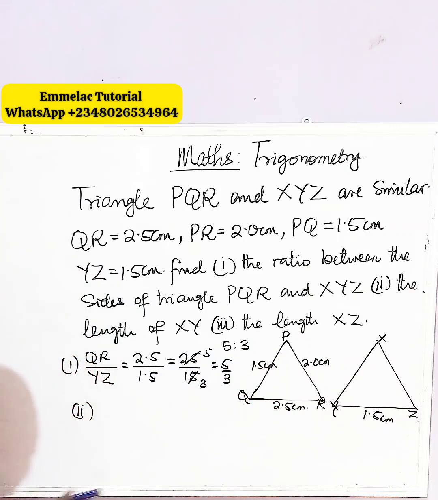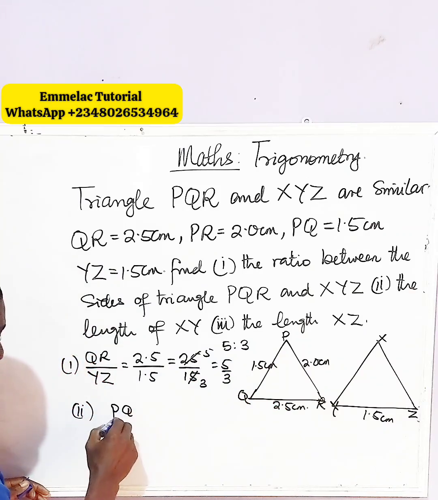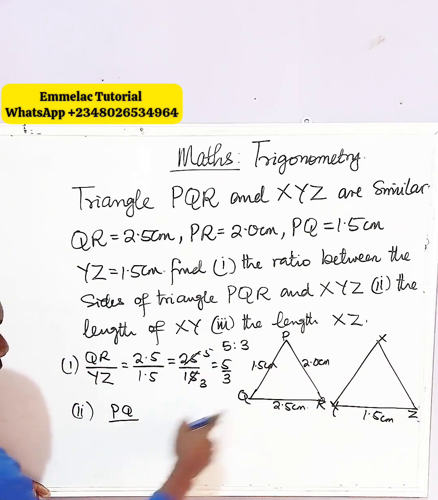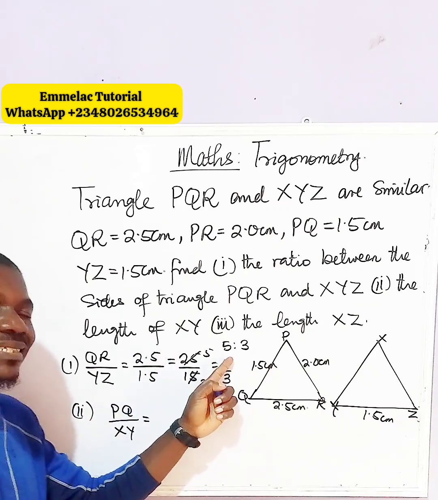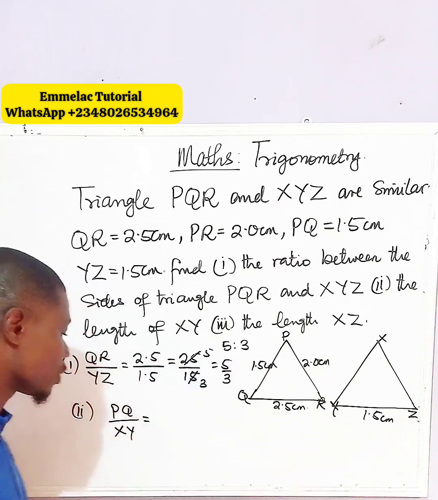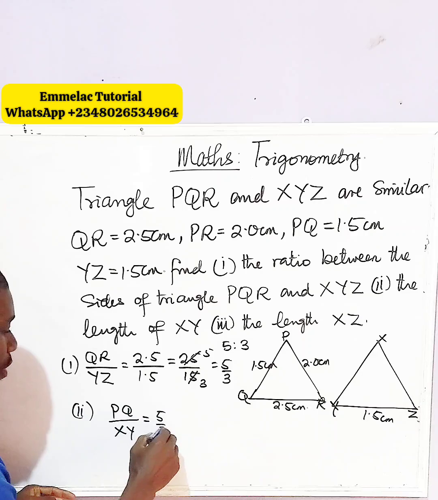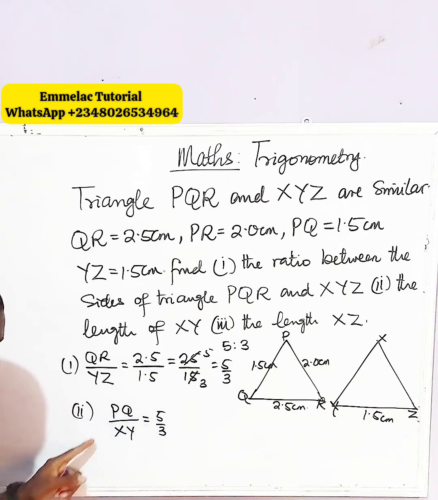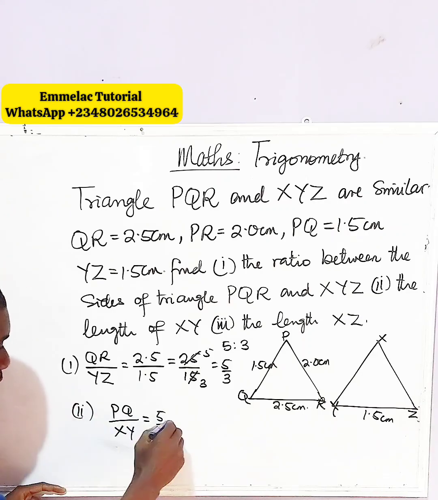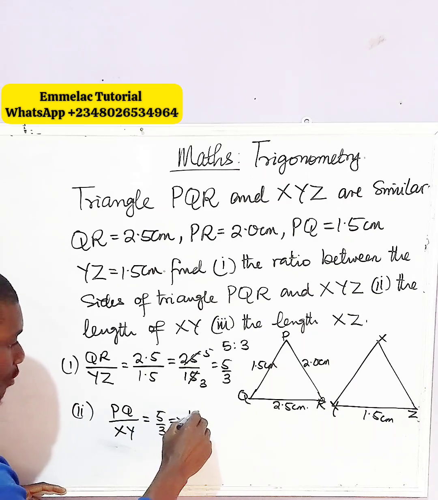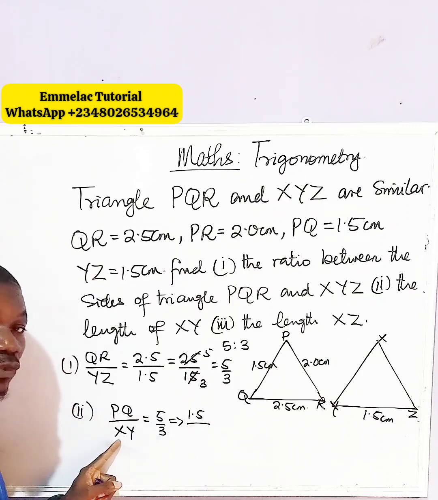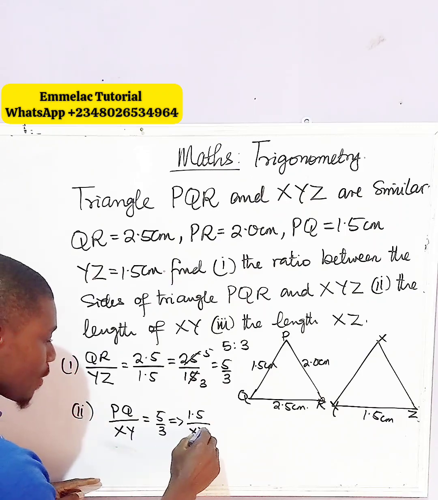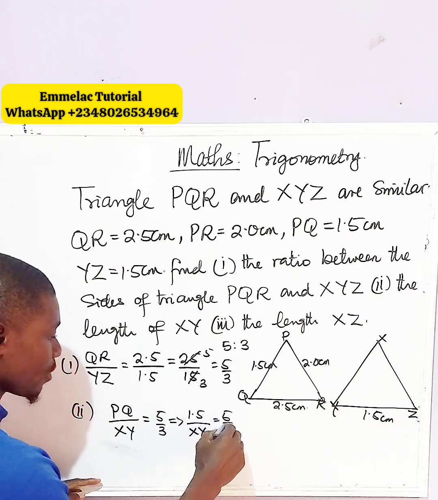So here we have PQ over XY equals the ratio of both of them, which is 5 all over 3. So PQ is 1.5, all over XY, which is the unknown, equals 5 all over 3.